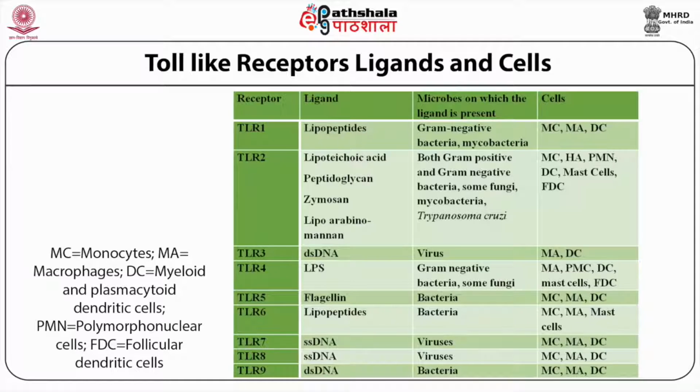TLRs have an extracellular domain which is characterized by a richness in leucine rich repeats. They also have a cytoplasmic domain, and that is the domain which of course is involved in the signal transduction process. These germline coded molecules detect invading pathogens and trigger expression of cytokines.